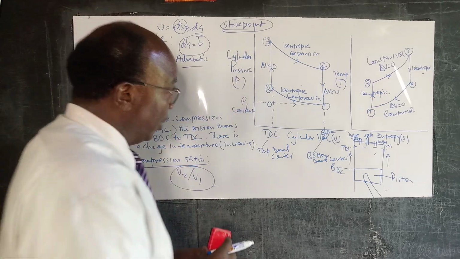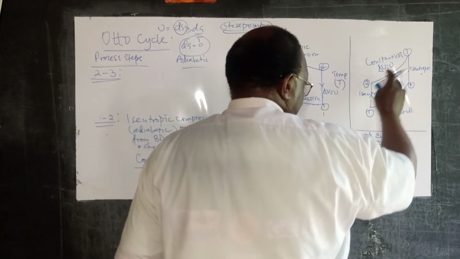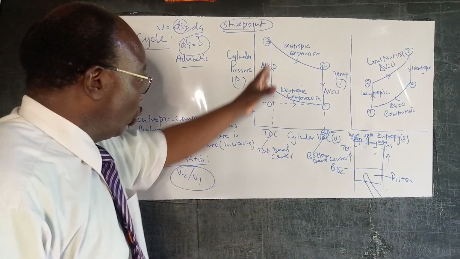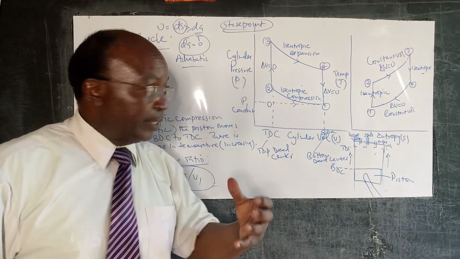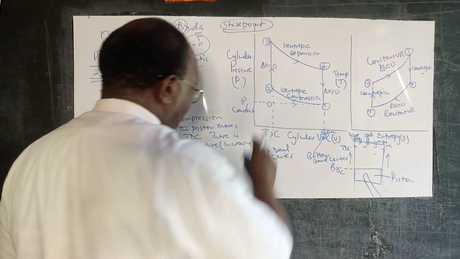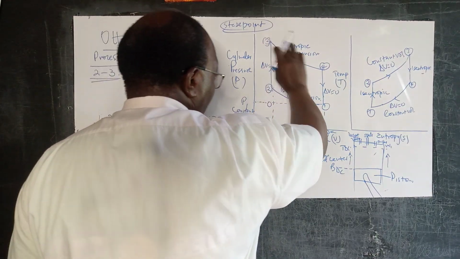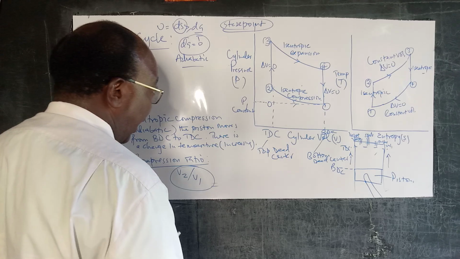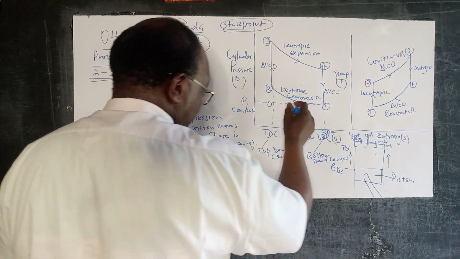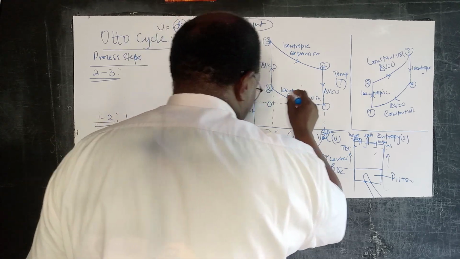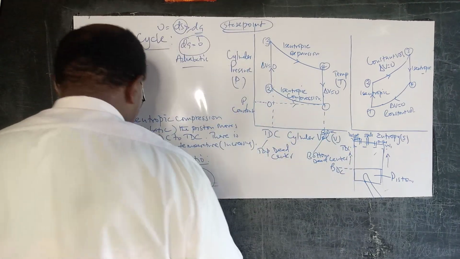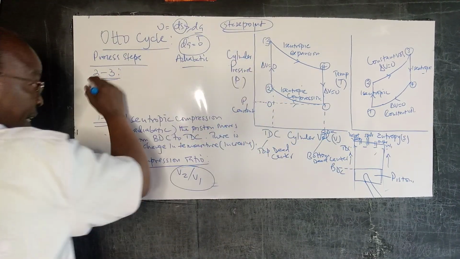And during this point, 2 to 3, remember the temperature is still changing, and of course we have ignition of the system at some point in this particular stroke. So we have our compression stroke, we have had our intake stroke, so we are moving on to the power stroke.